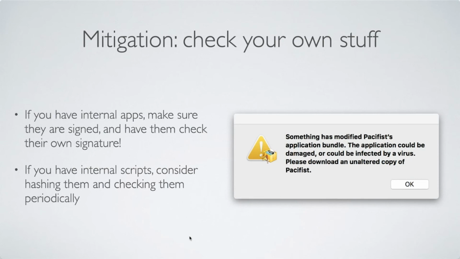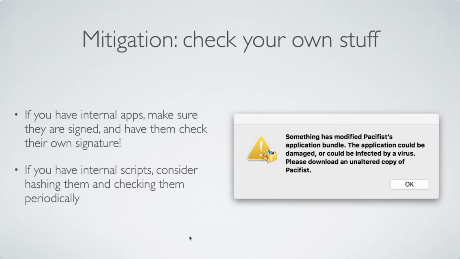Another is if you're developing your own internal or external apps, make sure that they're signed and notarized, but have them check their own signature. Instead of just trusting macOS to do the job, because as we know, until Ventura, macOS really doesn't do that job.